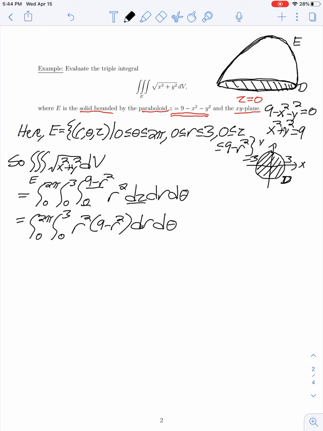Now here we can already see that this inner integral with respect to r does not depend on theta. After I evaluate it, it will be constant.